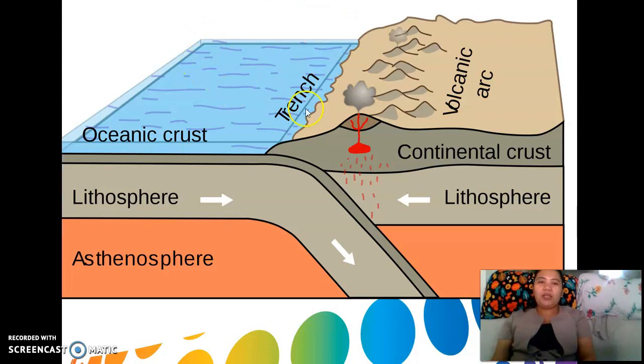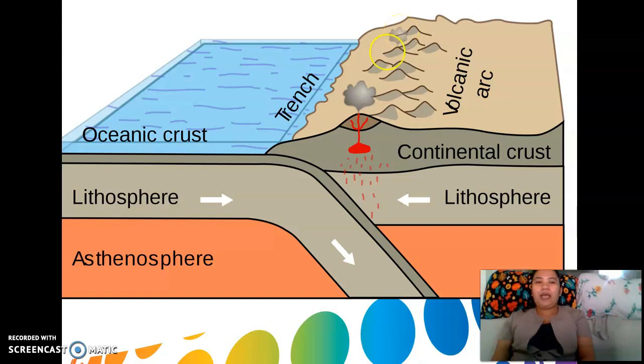Next, as you can see on this figure, this is your continental crust against the oceanic crust. In this case you have a trench and a subduction zone, and you will form mountain ranges.